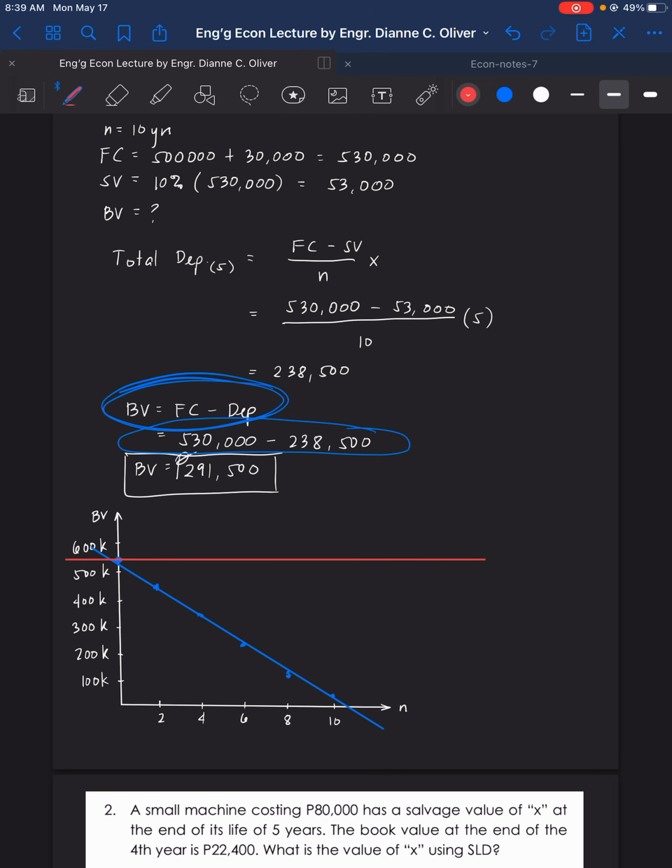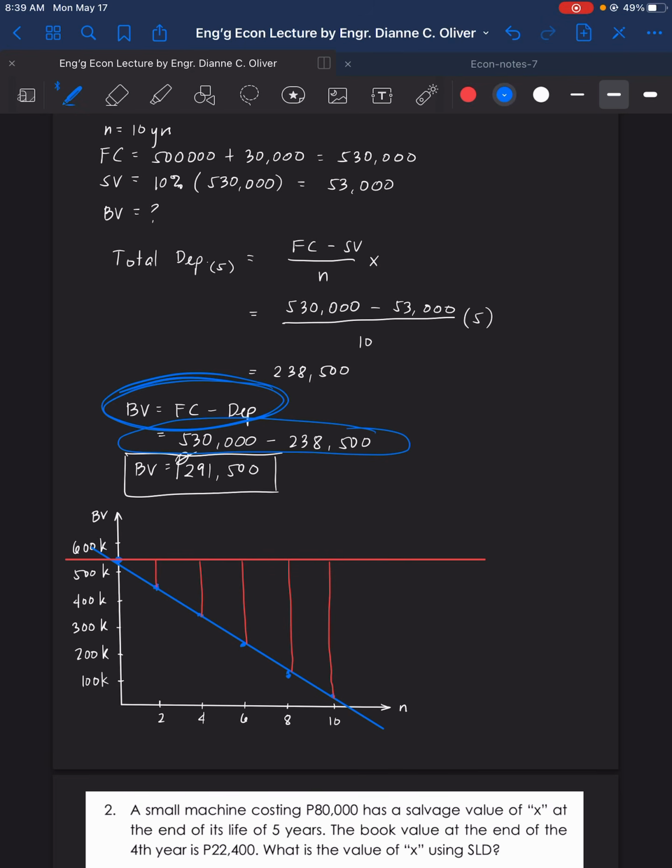So this is the depreciation for the second year, the fourth year, the sixth year, 8th year, and the 10th year. So what's left is the book value.